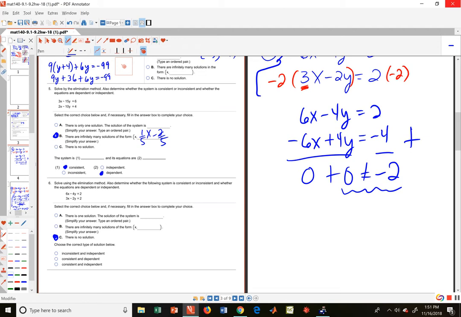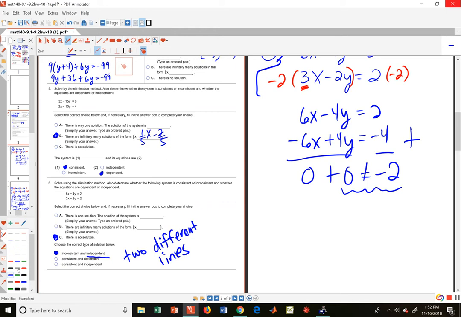What it really means is we have two lines, but they're parallel to one another. So they're independent of one another, and they're inconsistent. So two different lines, that's the independent part. Independent means they're two different lines.